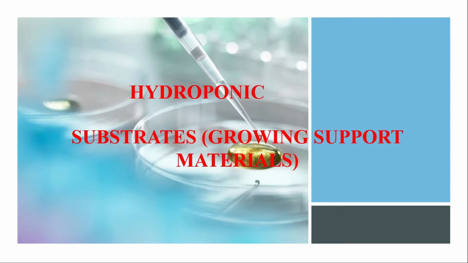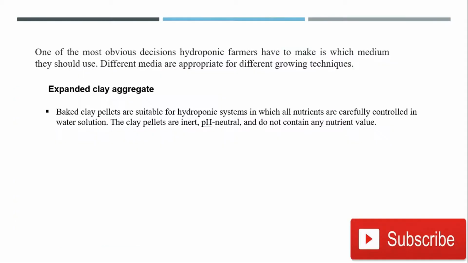In this video I just focus on the different substrate growing materials that can maintain the pH and absorb the excess amount of water, and are suitable for the hydroponic system or business. So the first important material is the expanded clay aggregates.